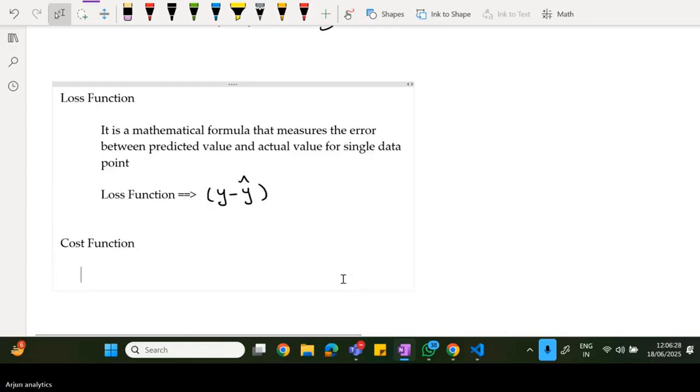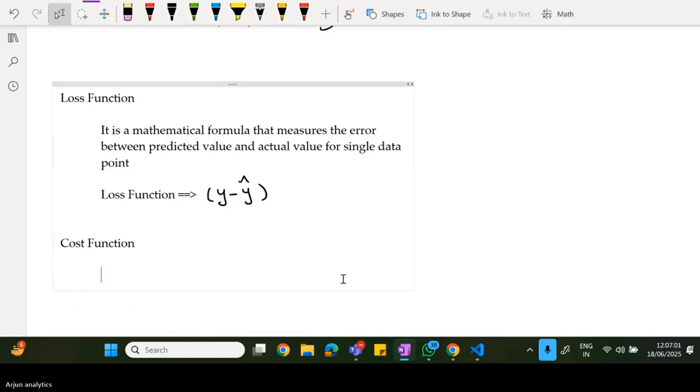Now, that is a loss function. What is the cost function? Cost function is just like the loss function, but it will calculate the total error over the entire data set.